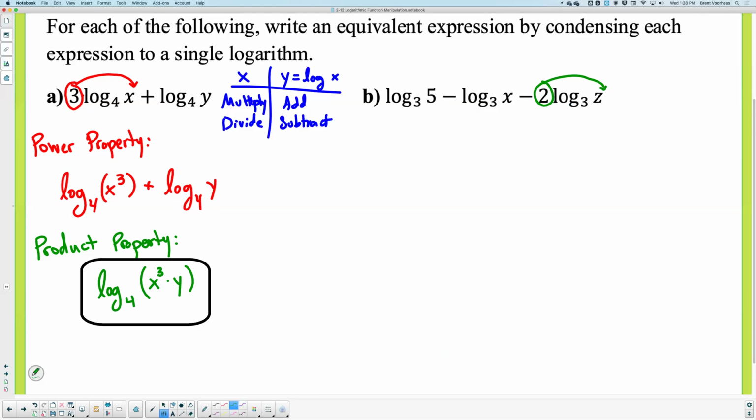Sorry, let me write it down. Power property. How about that? So I have log base 3 of 5 minus log base 3 of x minus log base 3, and I'm going to use a parenthesis. Why am I using a parenthesis?